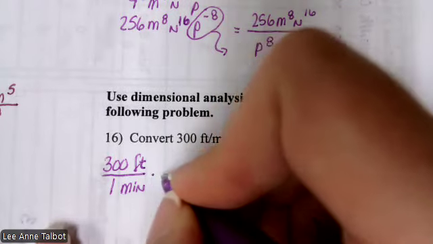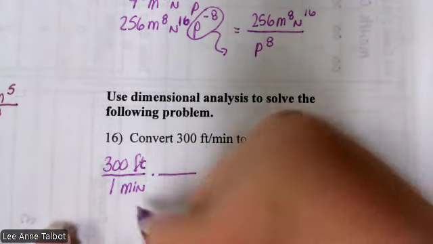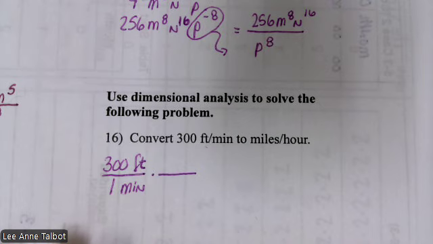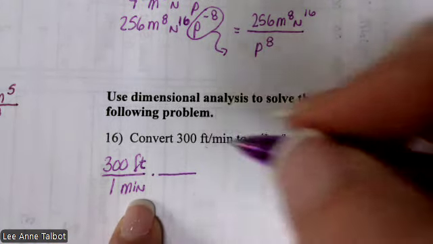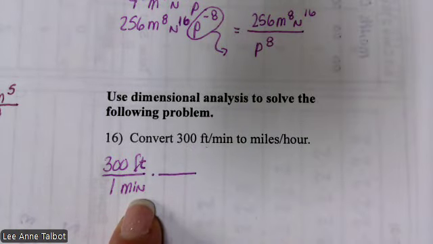Okay. Do you guys want to start with feet or minutes to fix first? Minutes? Okay. So how many minutes are in an hour? 60. And should minutes go on the top or bottom?